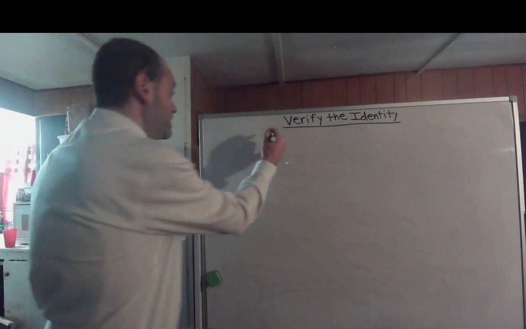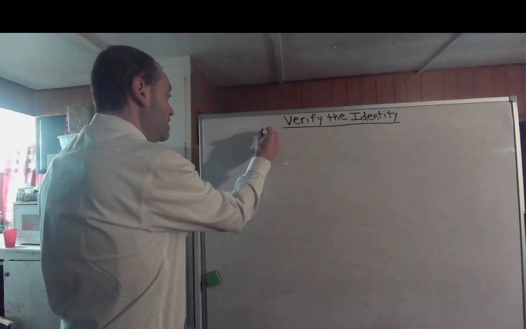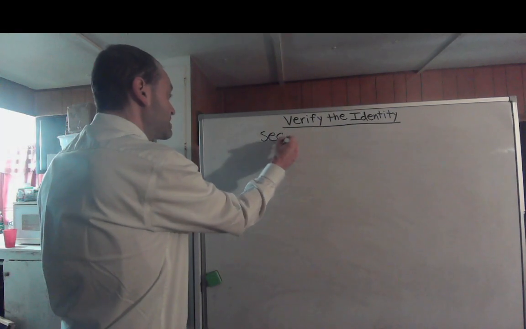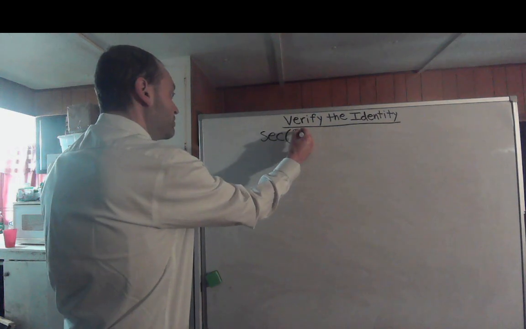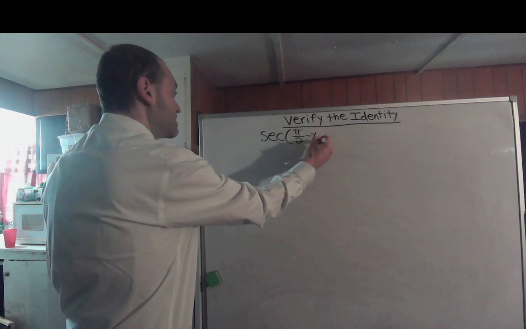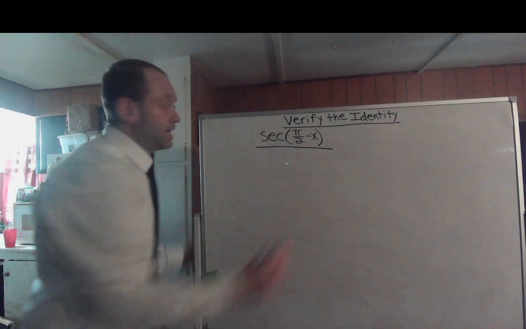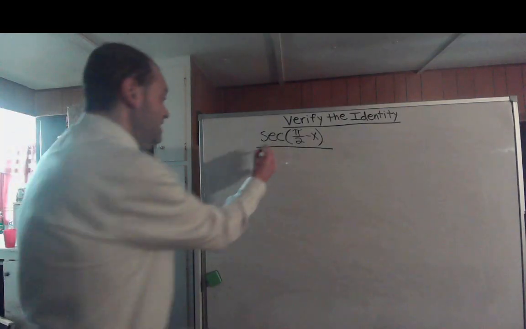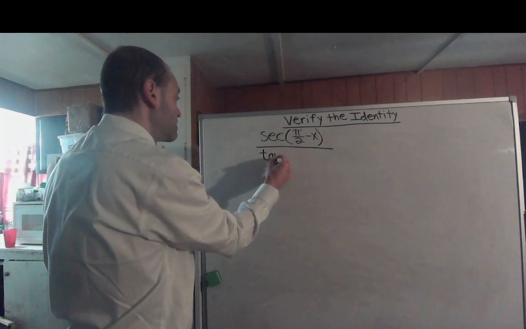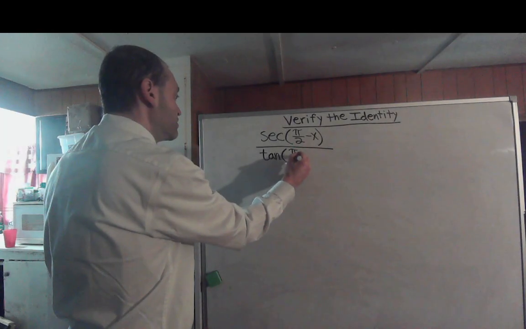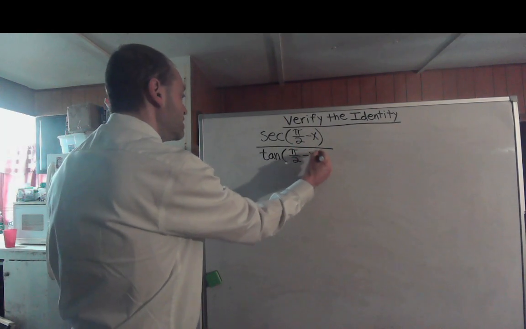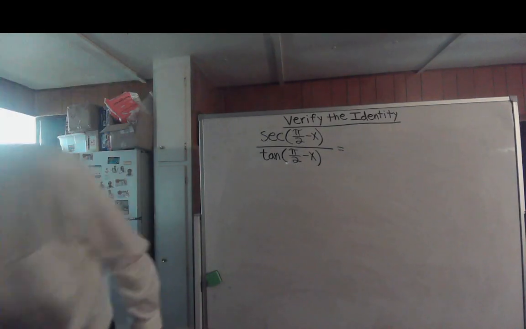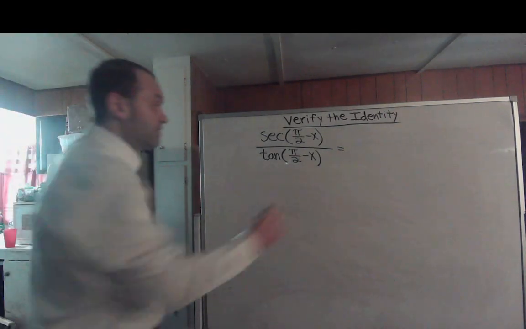Alright, so next one we have here is the secant of pi over 2 minus x divided by the tangent of pi over 2 minus x is equal to the secant of x.